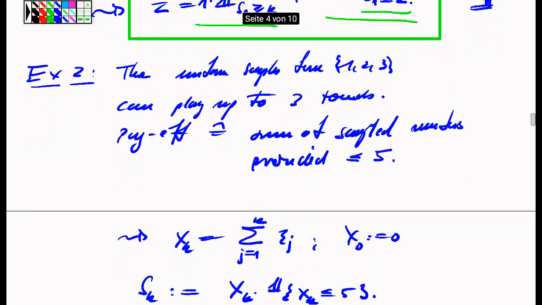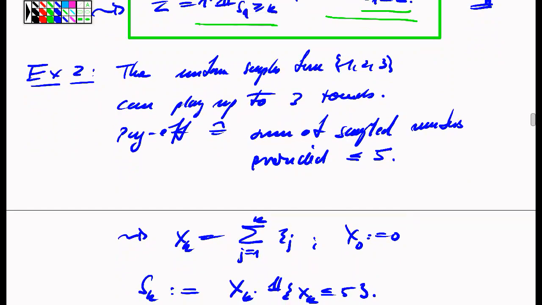I want to provide one more example for this. Suppose you play a game where you are tossing a coin, but here it's not a coin with 2 outcomes, but with 3 outcomes. So you have a uniform random generator which generates the numbers 1, 2, or 3.